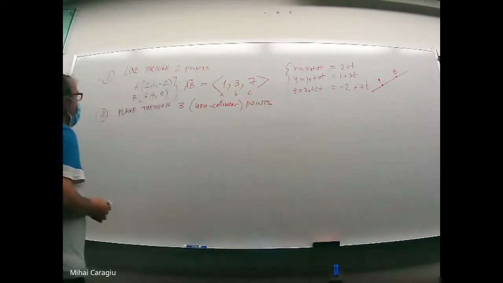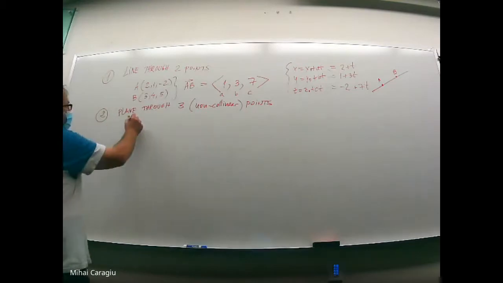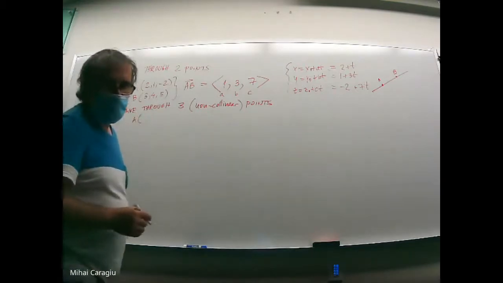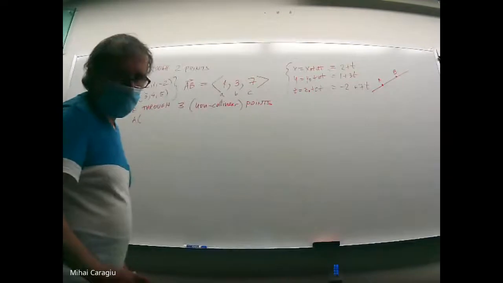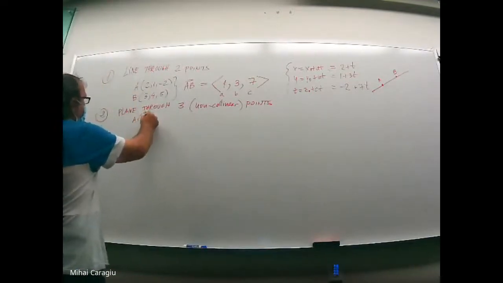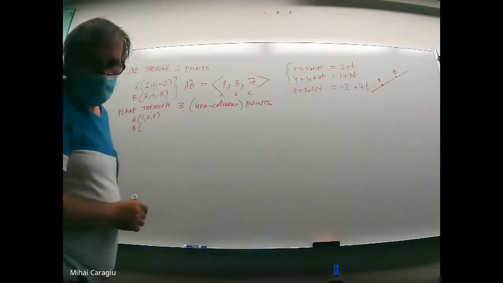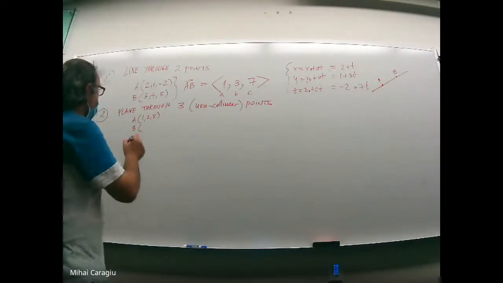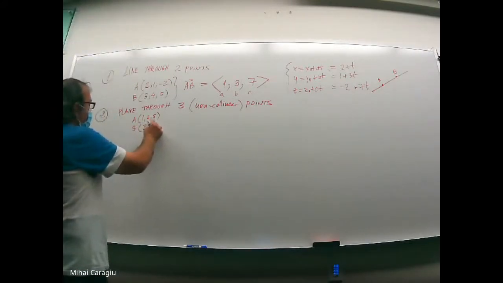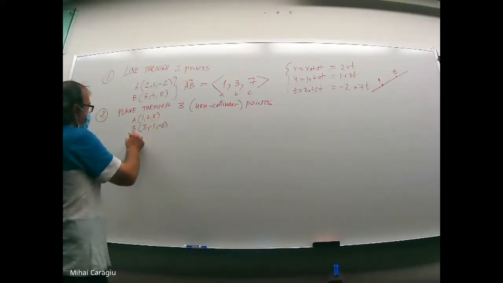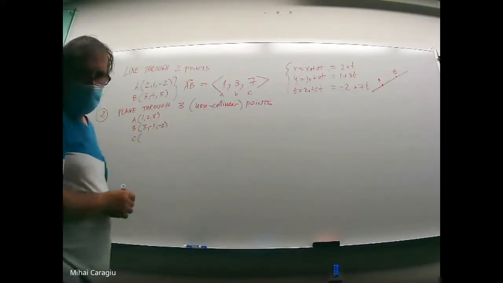Okay, so let's take the point A (1, 2, 5), the point B (3, -1, -2), and the point C (2, 1, 4).